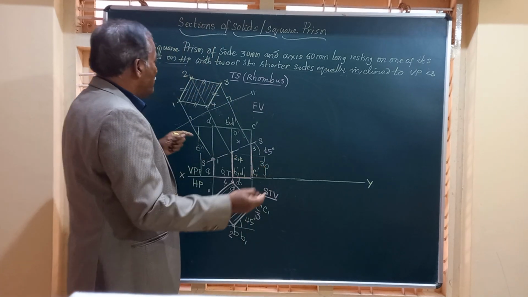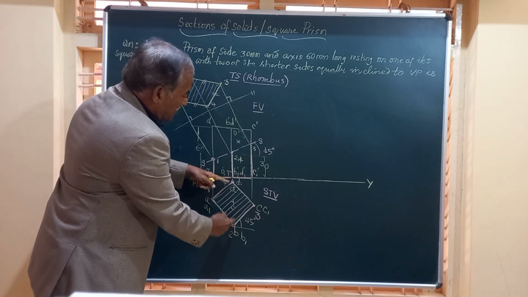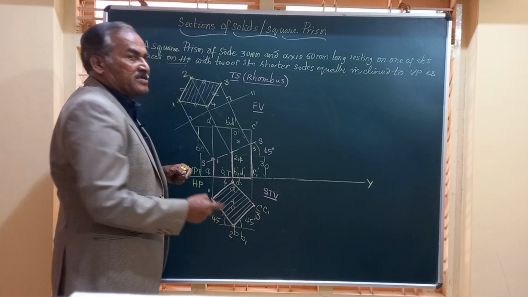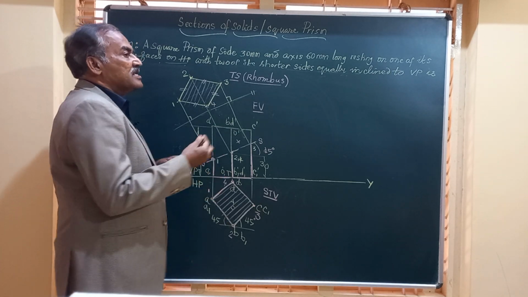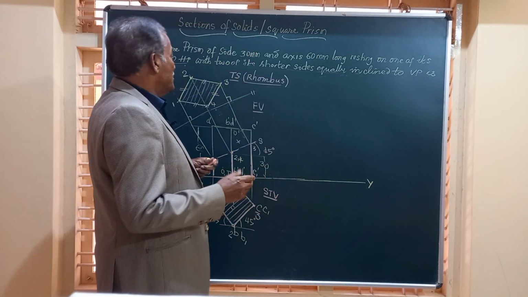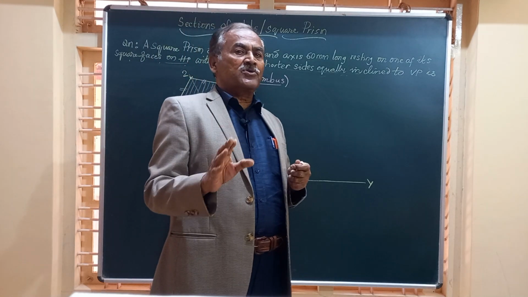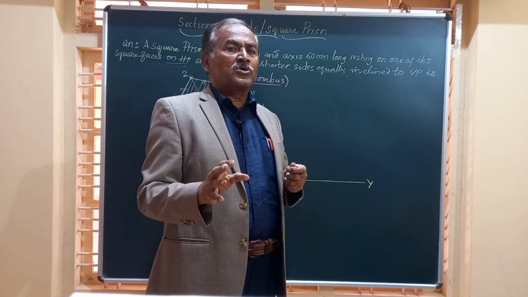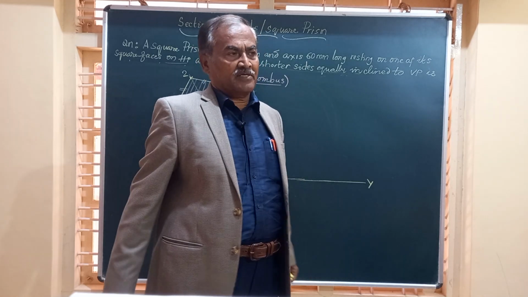Friends, here one more important thing you should remember. This measurement 2, 4 is the diagonal of that square in the top view. So in the next video, I am going to give you the dimensions of the true shape and ask you to find out or to locate the position of the section plane.